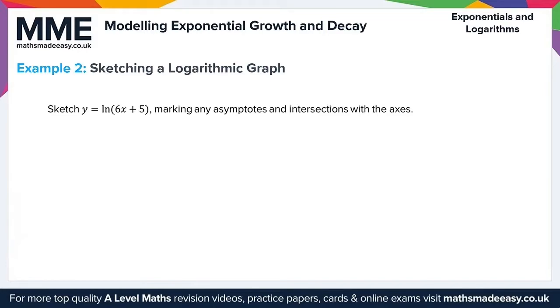So here again, in this case, first let's identify the shape of this graph. It's the natural logarithm here, and again, let's just denote the general form here. So this can be y equals the natural logarithm of ax plus b. And again, a is positive, so what we would expect, we just draw a rough sketch.